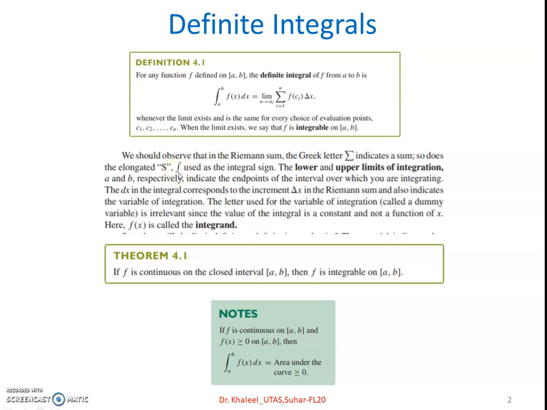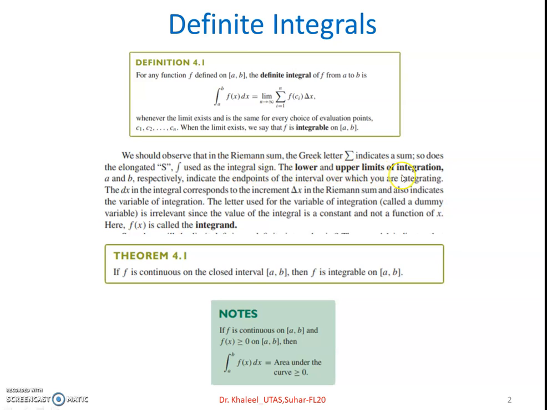In fact, the integration sign is an expansion of capital S. So sigma indicates a sum, and this integration sign, which is the expansion of S, is also used for the sum.